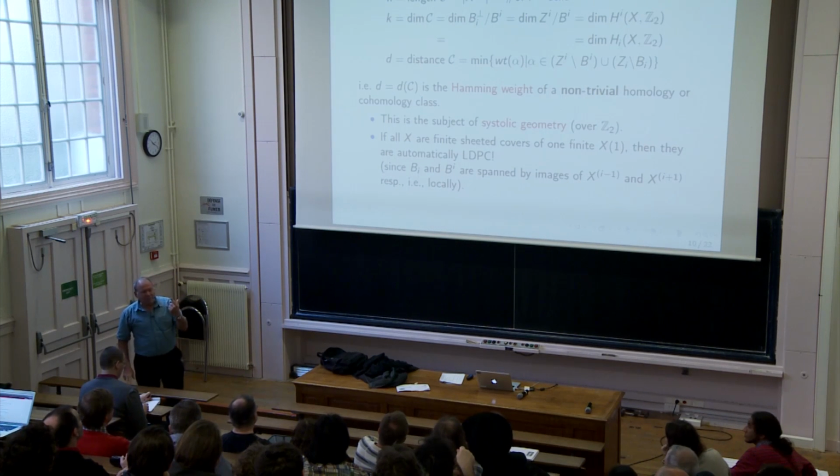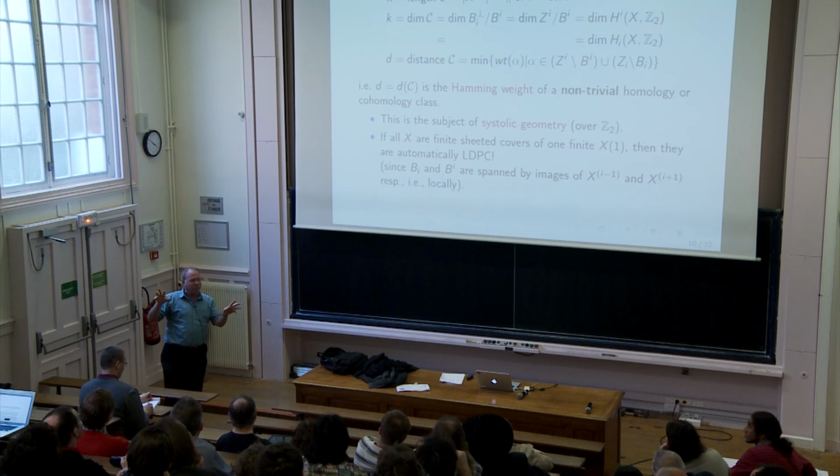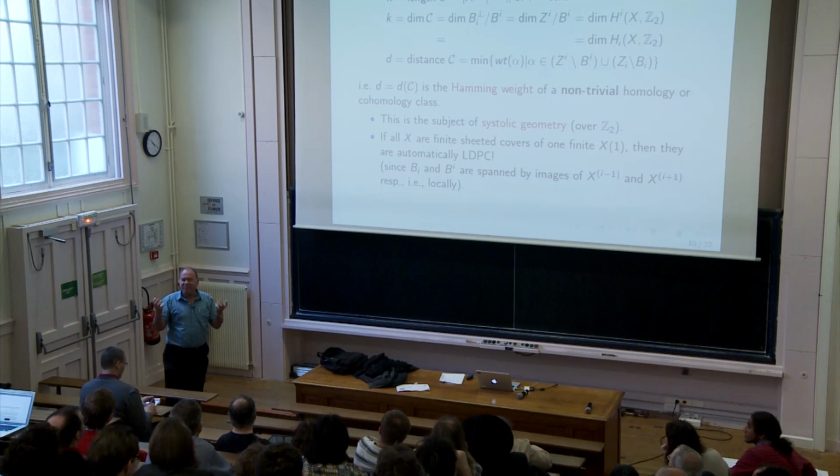Why? What is an LDPC code? It is a code where W1 and W2 are spanned by vectors of bounded weight.